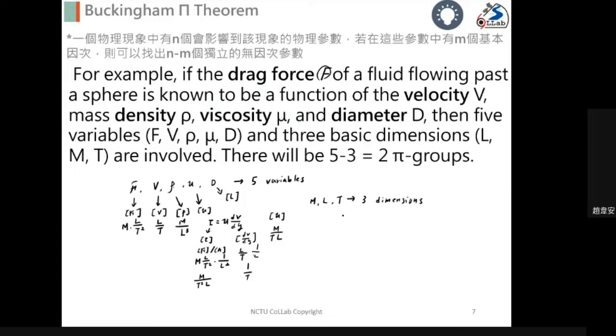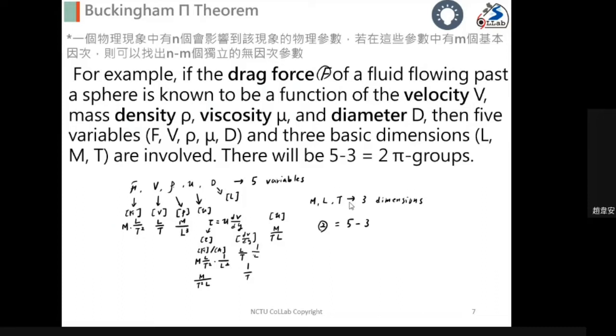So there are 2 pi groups for our problem. The 2 is equal to the 5 minus the 3, the variables involved in our problem. This is very important. We call that the Buckingham pi theorem.